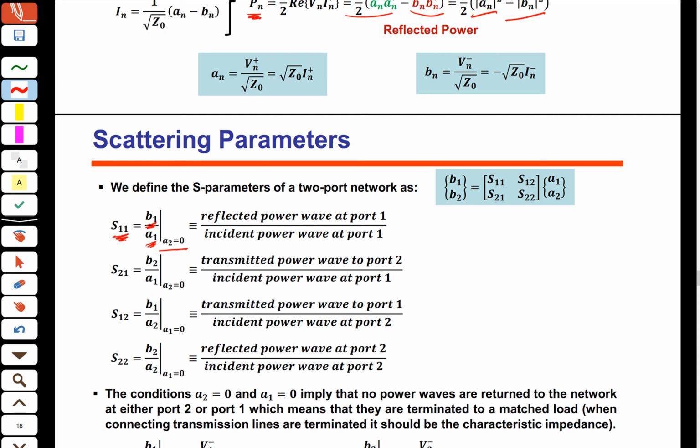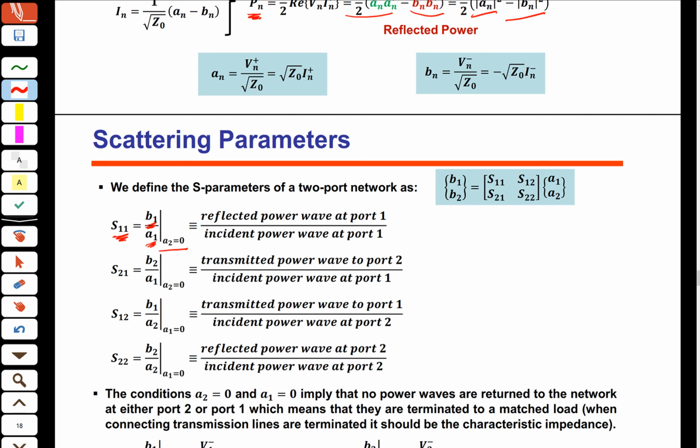Because for the Z parameters, for example, I said that there is no current. For the Y parameters, I said there is no voltage. And now I say that there is no power. What does it mean? What's the condition for no power?